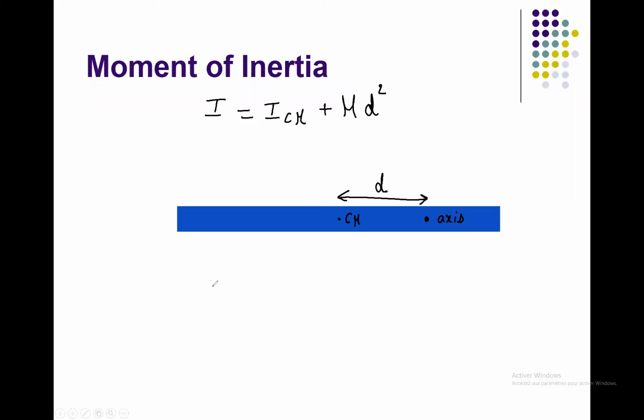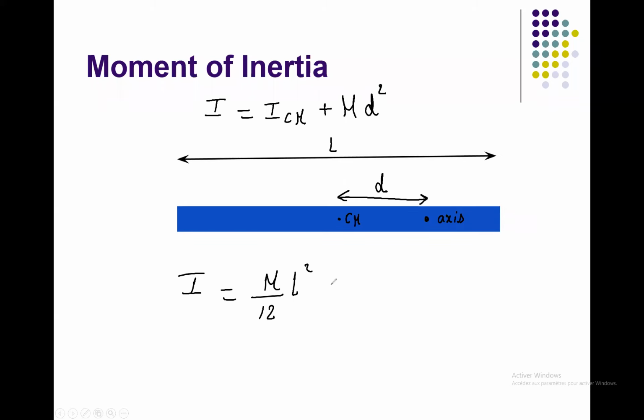So we can say I equals I_CM plus m d square, where L is the length of the rod and d is the distance between the center of mass and the axis. It's easy.